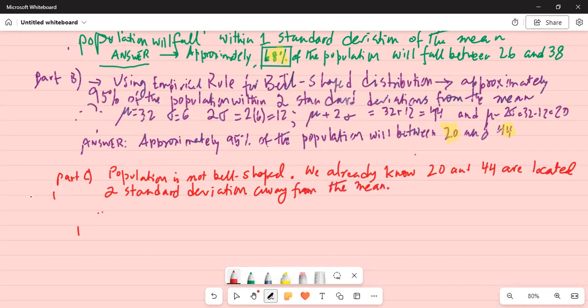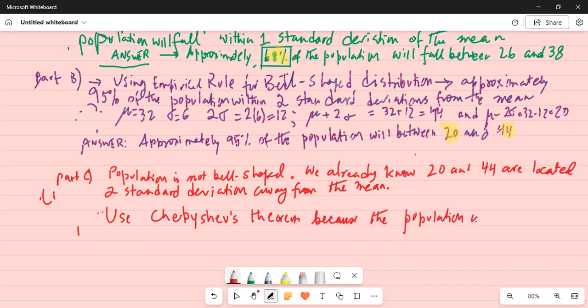So use Chebyshev's theorem in this case, because the population is not bell-shaped.